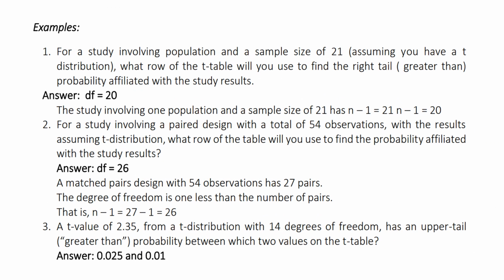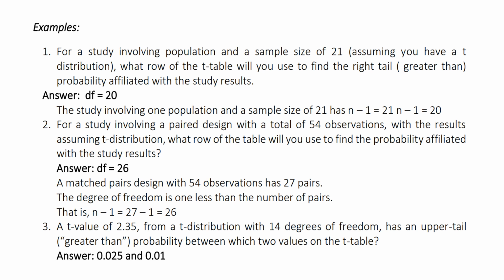For examples, for a study involving one population and a sample size of 21, assuming you have a t distribution, what row of the table will you use to find the right tail greater than probability affiliated with the study results? So our answer, or your degrees of freedom, is 20.